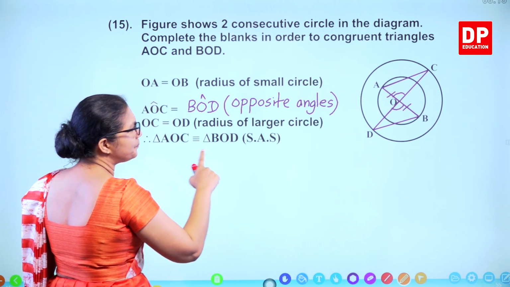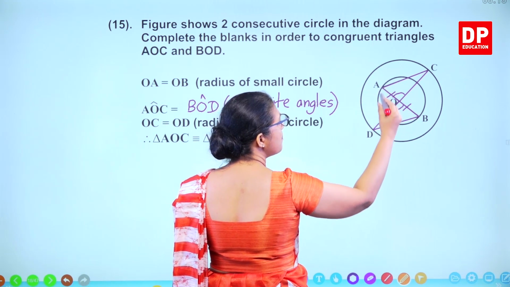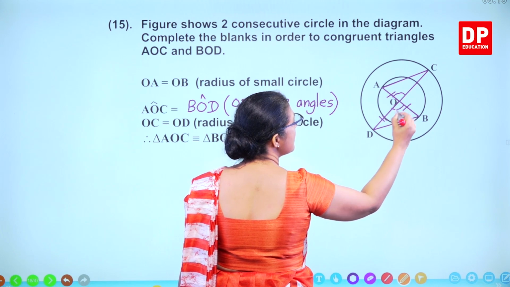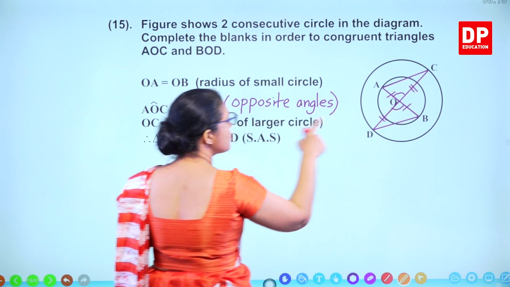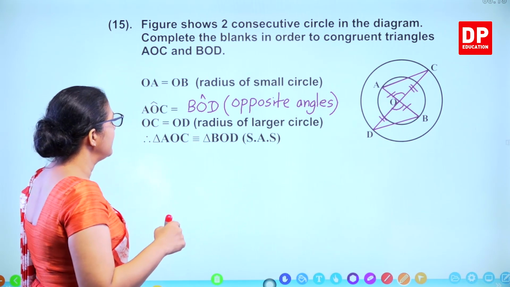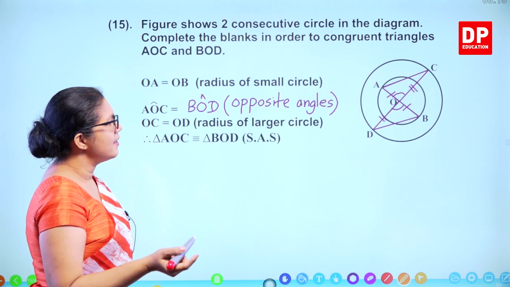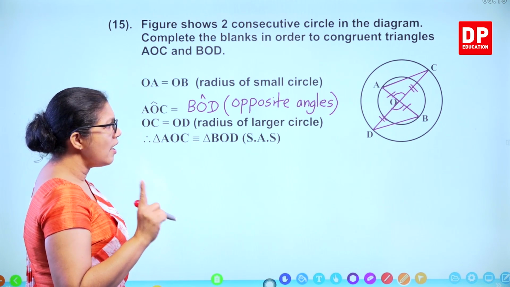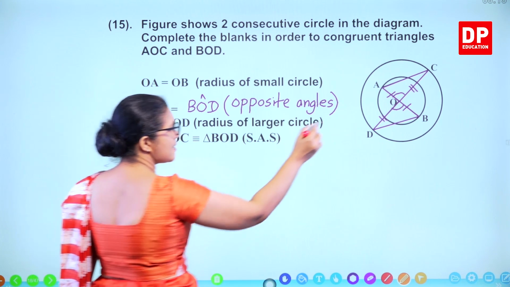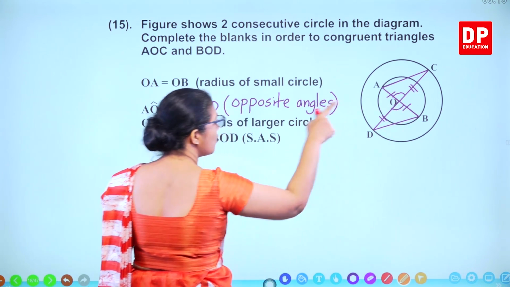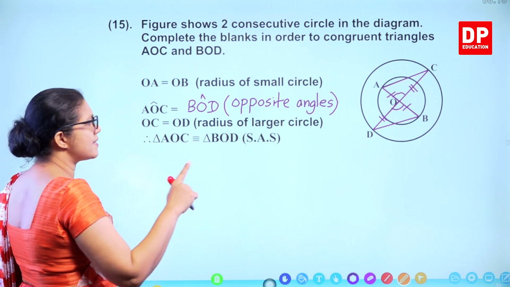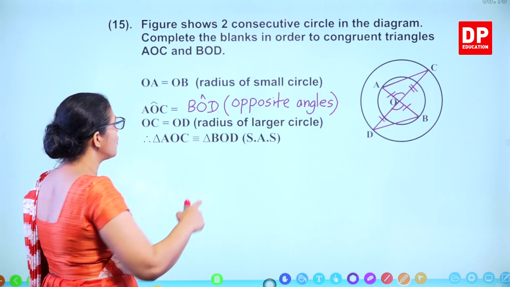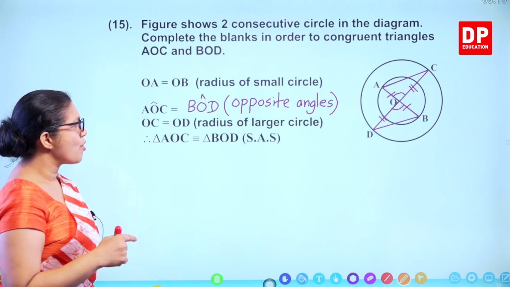Then we know when you take the big circle, this length is equal to this length because both are radii. And we can say these 2 triangles are congruent. What's the condition? Side, angle, side. Included angle given for 2 sides. Side, angle, side. These 2 triangles are congruent.